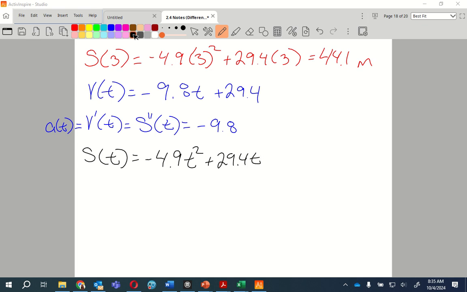I want to know where this is equal to 0, so we're going to factor that. Set this equal to 0, so my position equals 0. Factor out a t. Can I factor out anything else?